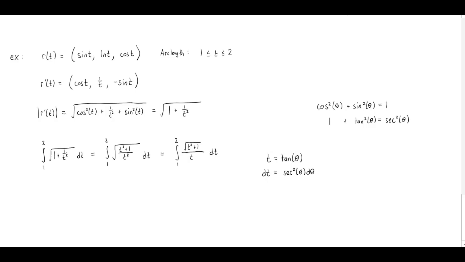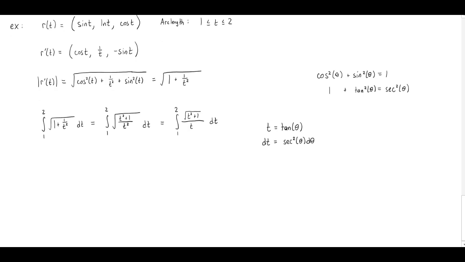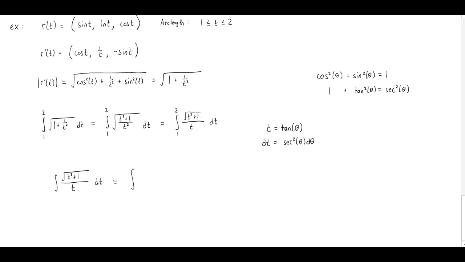So let's see what happens when we make these substitutions into our integral. Inside the square root, we get 1 plus tangent squared, which will be secant squared. So you're going to have the square root of secant squared, which would just be secant theta.